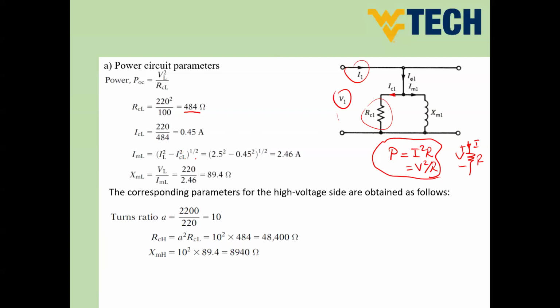So 2.5 squared, this is the given open circuit current, minus 0.45 squared, under the square root. So this would be the current flowing here in this magnetization reactance. So now we can say the magnetization reactance equals V divided by I. So 220 divided by 2.46 is 89.4 ohms.